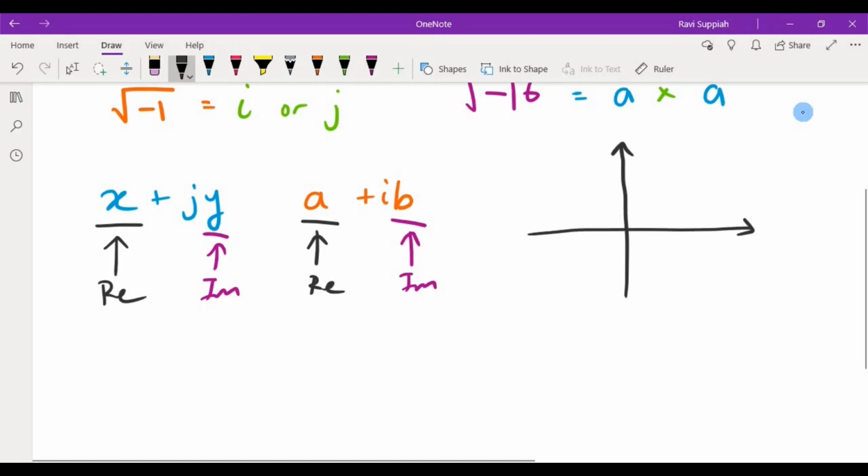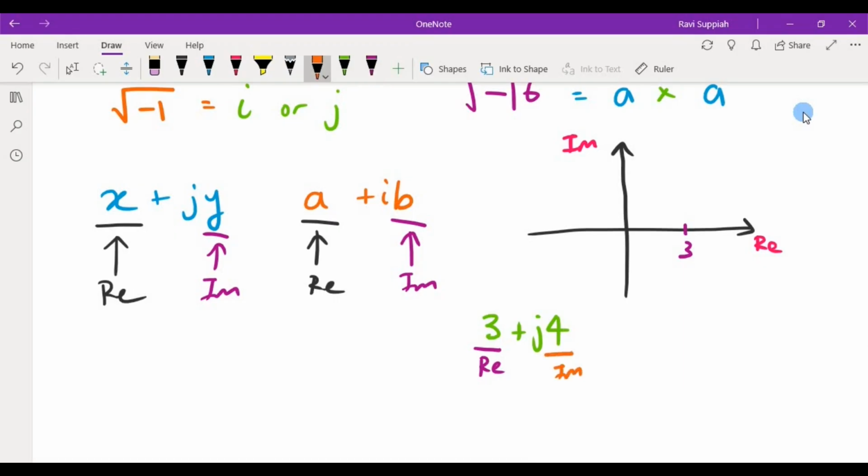Now, the x-axis will be used to represent the real numbers, while the y-axis represents the imaginary numbers. If I have a complex number like 3 plus j4, 3 is the real part, so on the x-axis I look at the value 3, and 4 is the imaginary part.